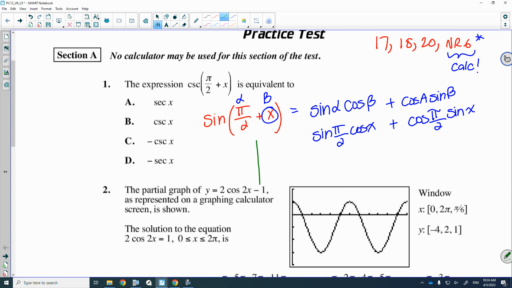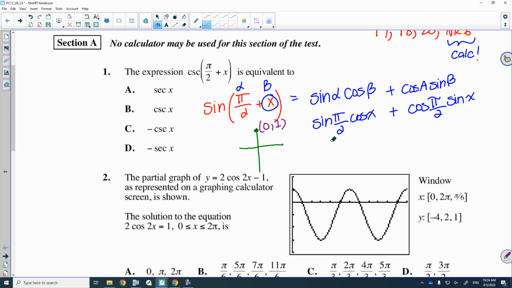Pi over 2 is right here, which is 0 and 1. So the sine of pi over 2, what's the sine of pi over 2? 1.